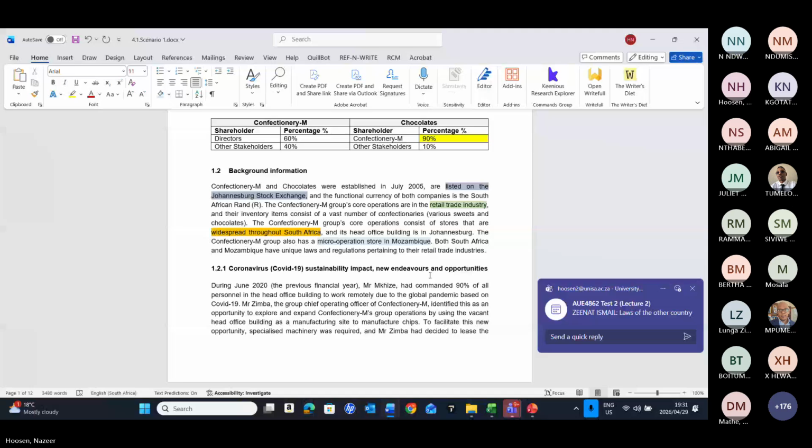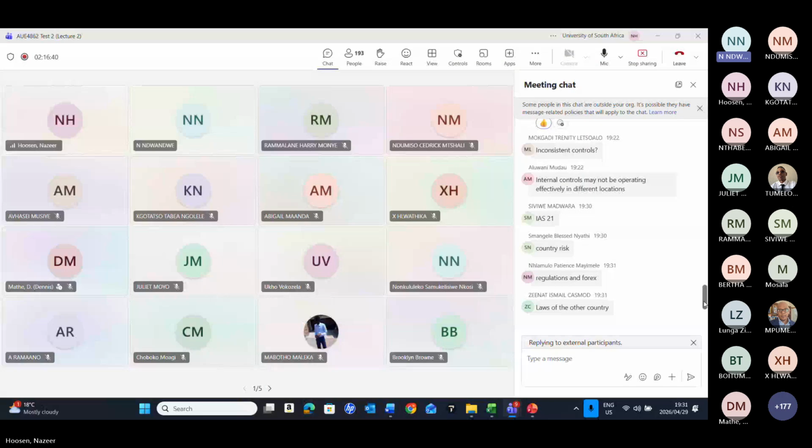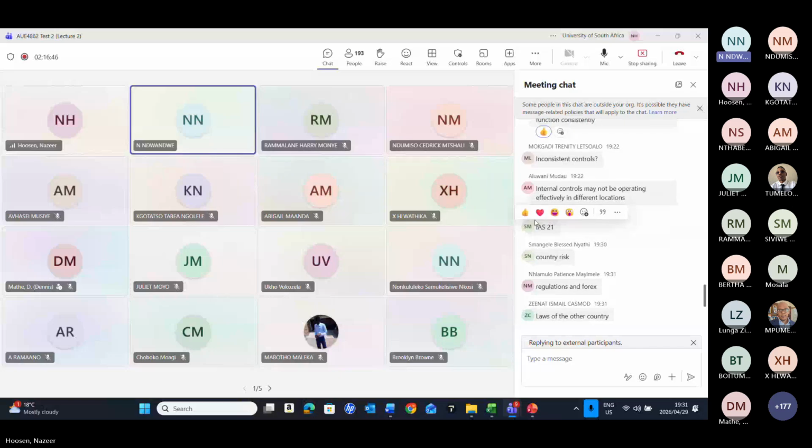The statutory requirements, and the IFRS financial reporting, and the Companies Act as well, I think. Well, from a local to a global perspective, yeah.